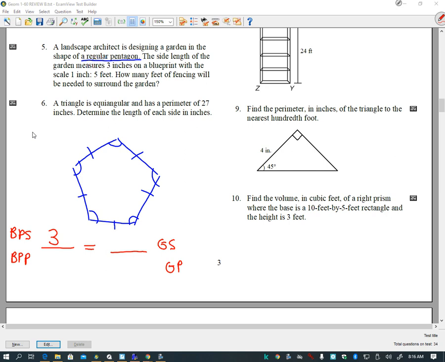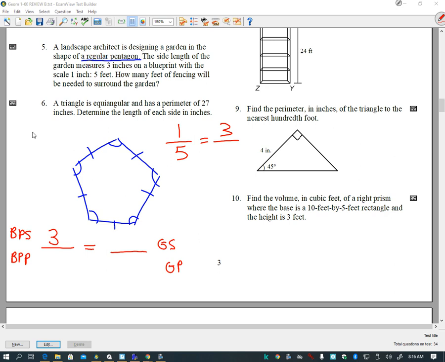Let's see, I might be struggling here a little bit. Our scale is 1 to 5, and we know that we have 3, we should be able to find out how many feet are being represented as a side. What's 3 times 5?